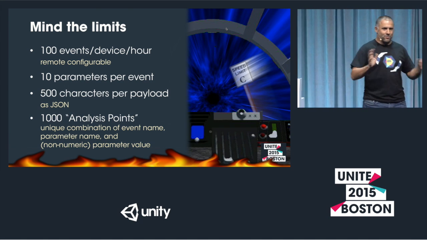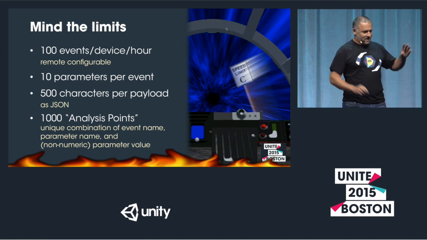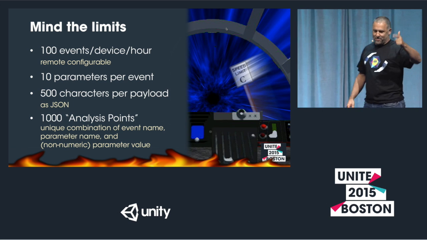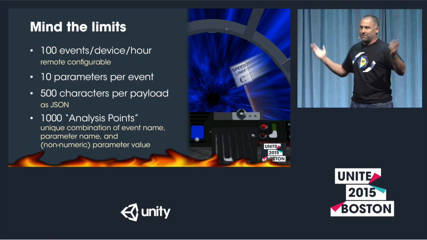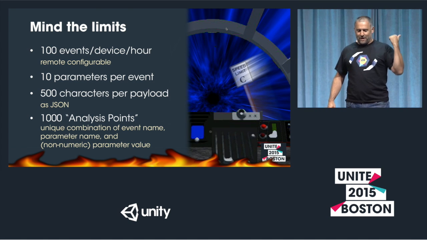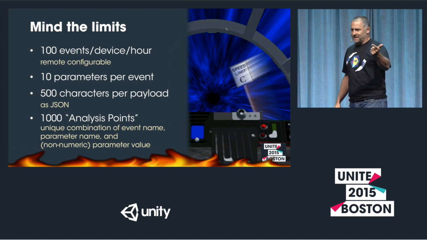Now, I'll tell you right now, analysis points is a bit of a tricky concept, and I've written up there what it means. It's the unique combinations of the event name, the parameter name, and the non-numeric parameter value. What the hell does that even mean? So you have an event like level complete. You have a parameter name like, let's say, level ID.